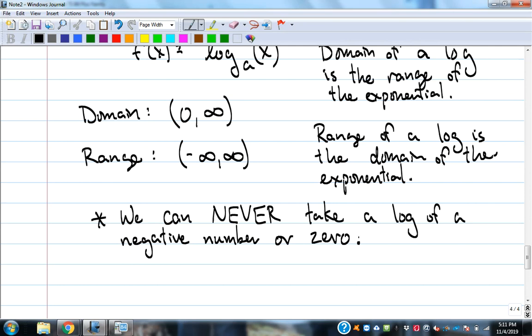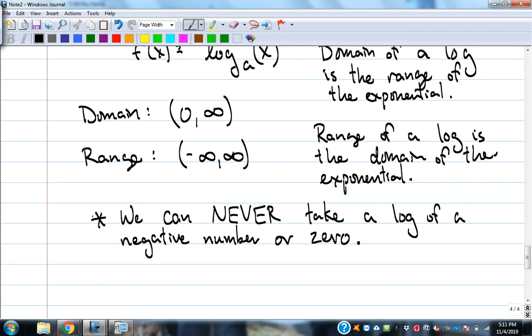And you remember, logarithms, again, are the same thing as exponents. Anything to the 0 power is always 1, right? So it doesn't matter what the exponent is, you're never going to get a negative number back. If you start with a positive number, you raise it to an exponent, it stays positive all the time. If you start with a negative number, depending on what the exponent is, it becomes either positive or negative, but it never becomes 0. Okay, so we never can take the log of a negative number or 0.